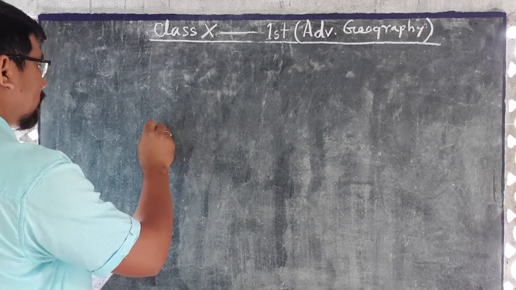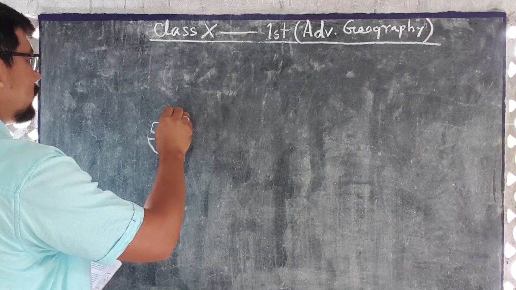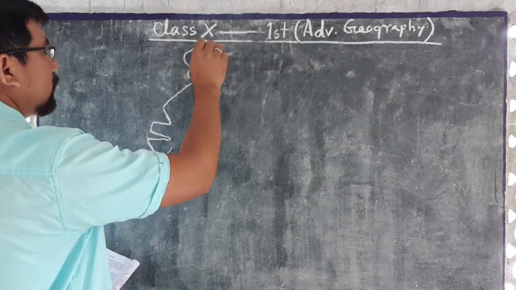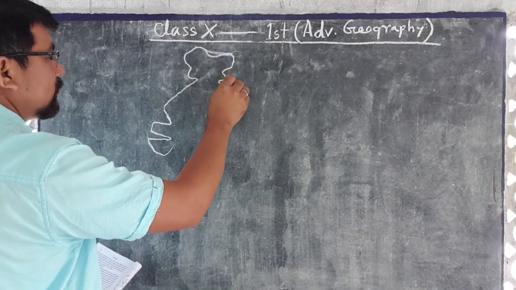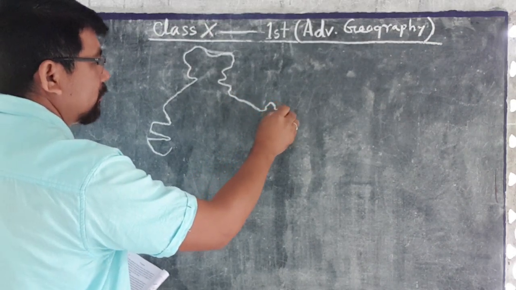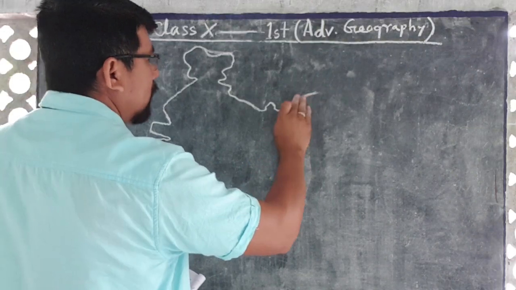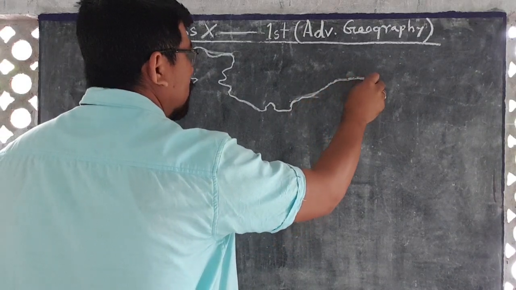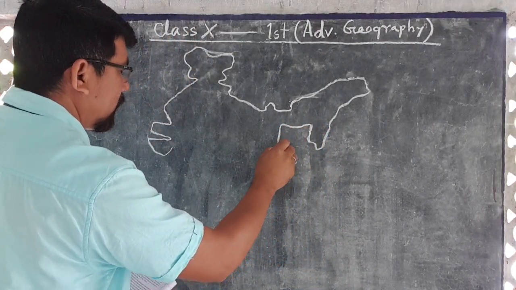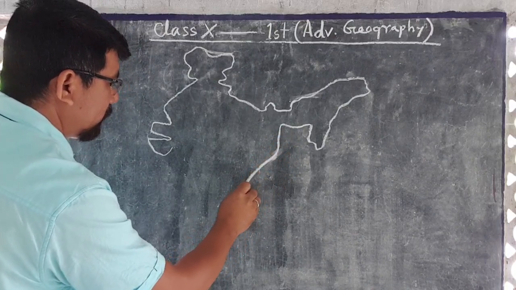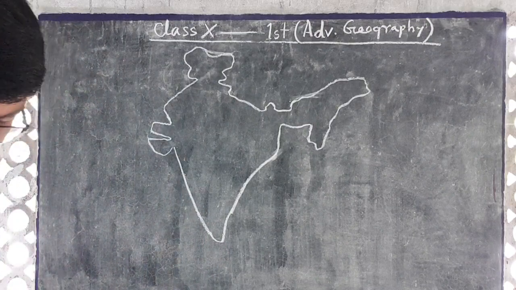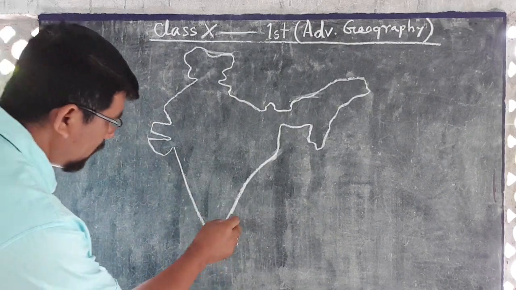This is Gujarat, Jammu and Kashmir, Uttarakhand, Nepal, Sikkim, Bhutan, Northeast India, West Bengal, Eastern Coastal Region. This is the outline map of India.